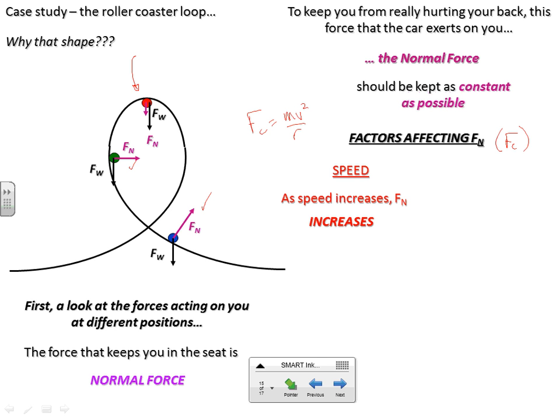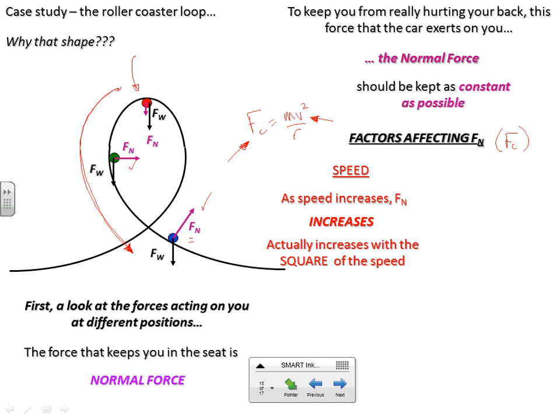Typically, as you went from here down to here, gravity says you're going to accelerate. You're going to go faster. As we go faster, that would typically make this normal force get a lot bigger, right? If we double the speed, that would give us 4 times the normal force. So from one place to another, if your speed went up by a factor of 2, your apparent weight would go up by a factor of 4.